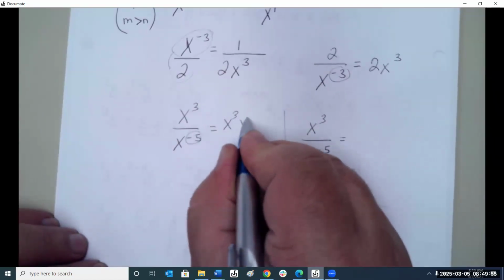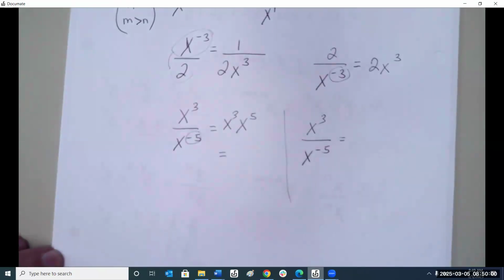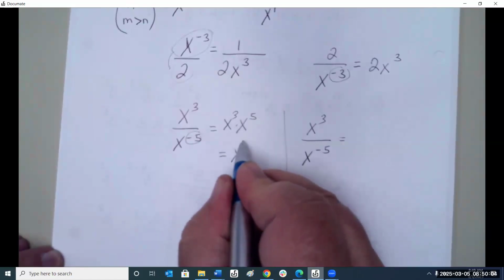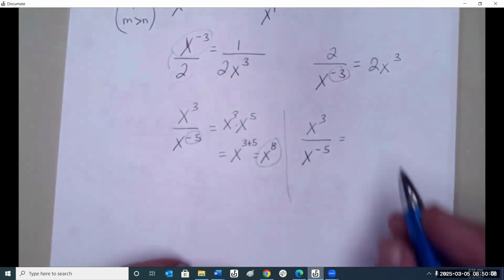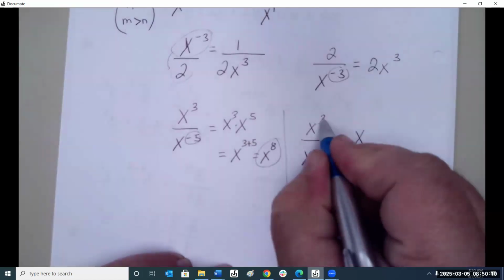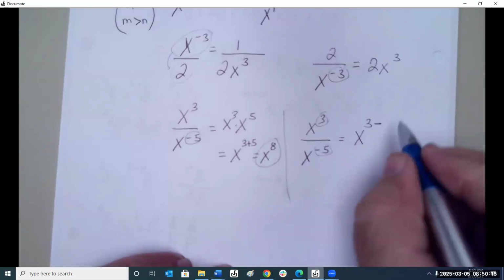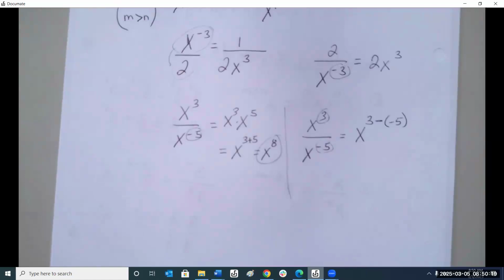What's another way of doing it? What's the definition, the rule of division of exponents? Take the top exponent minus whatever the bottom one is. That's rule number 2 we talked about.